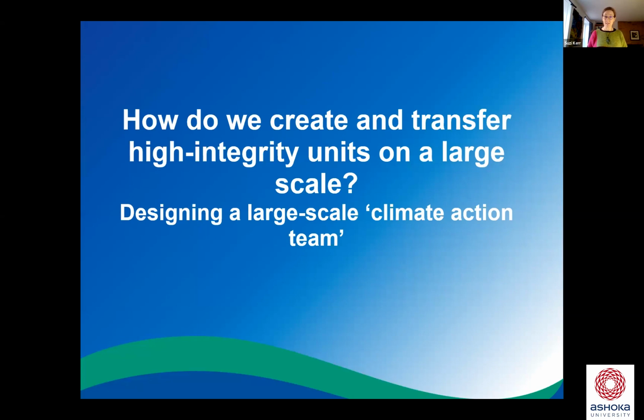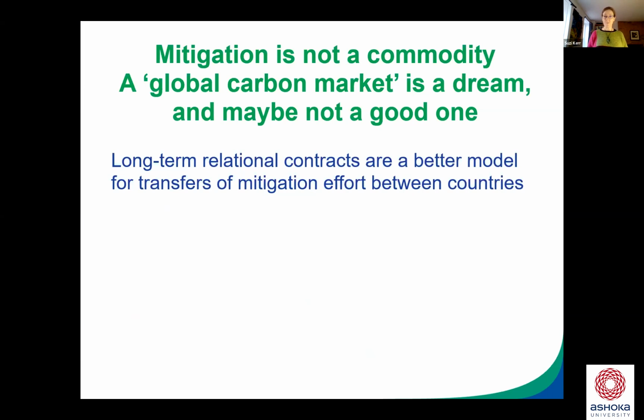So how do we create and transfer high integrity units on a large scale? This is the problem that we've been tackling in the Climate Action Team project. So we start from an observation that mitigation is not a commodity. Mitigation is a reduction in emissions.